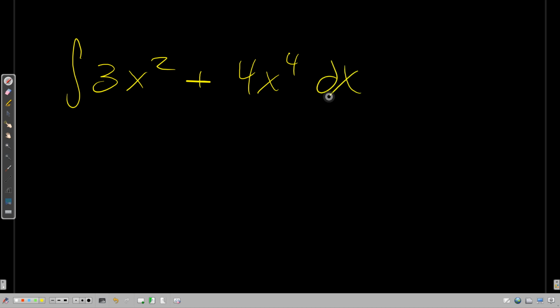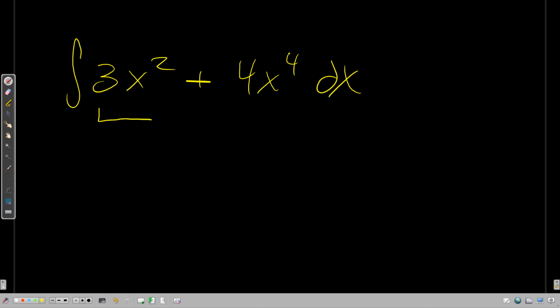What else might you see? There's the classic, I guess just some more properties. So the integral of 3x squared plus 4x to the 4th dx, you're needing to keep in mind what our rules were for doing this.